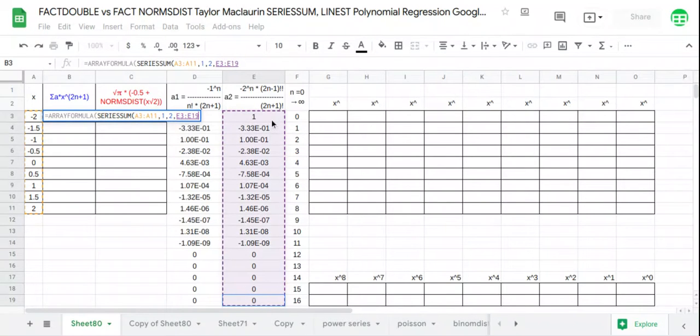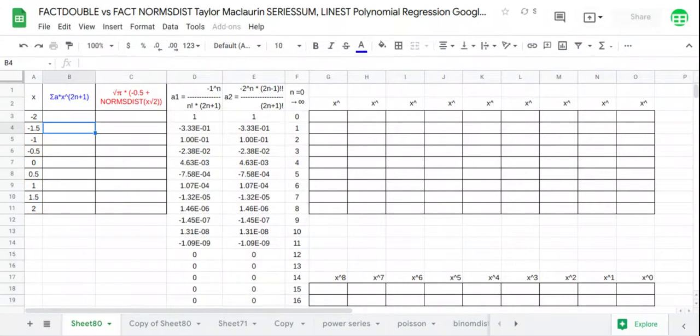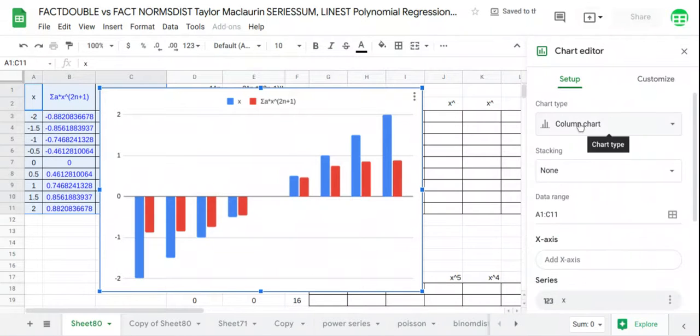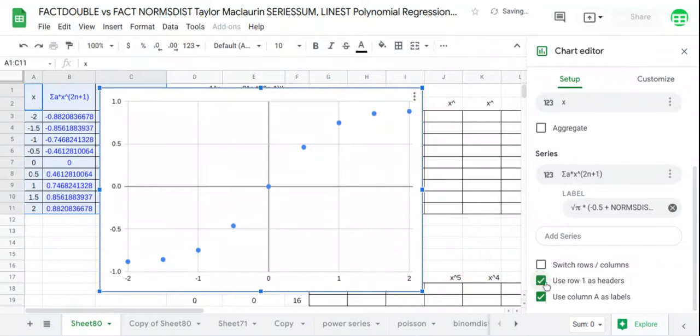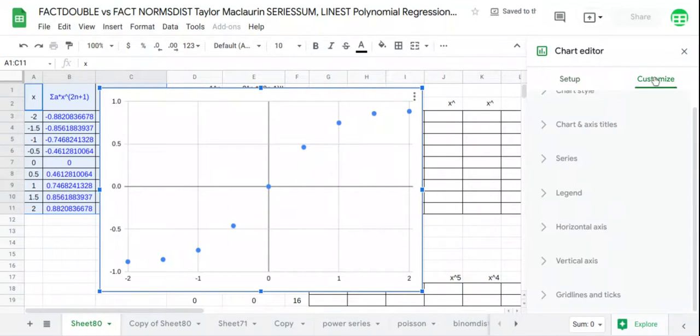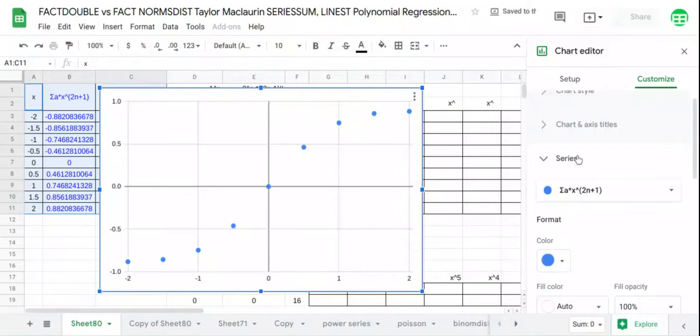Let's start with the double factorial. I will chart this. I will use scatter chart. Use row 1 as header, and show the trend line.